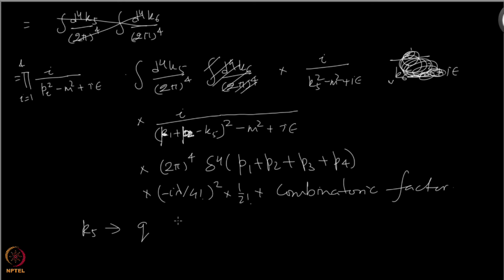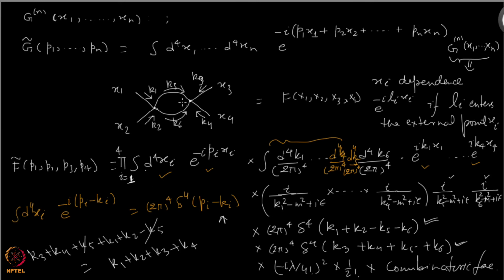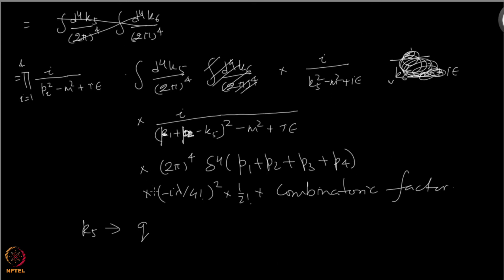Okay, so what we have here is now the following. Let me go back to this diagram, and k5 now I am calling q. Okay, so one momentum here, and you see that the final result is the following. I'll just, in the next slide, write k5 as q.